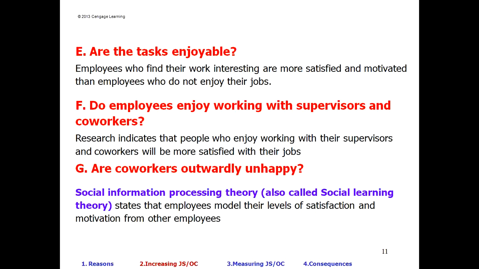So here the co-workers, as per the social information processing theory, or the so-called social learning theory, states that employees model their levels of satisfaction and motivation from other employees.